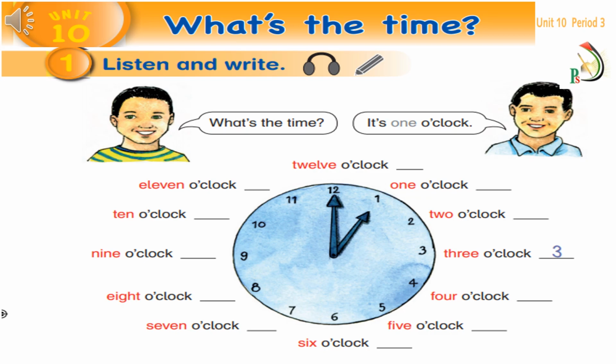Track 7, Unit 10, Period 3, Activity 1. Listen and write. It's 3 o'clock. It's 8 o'clock. It's 12 o'clock. It's 4 o'clock. It's 6 o'clock.